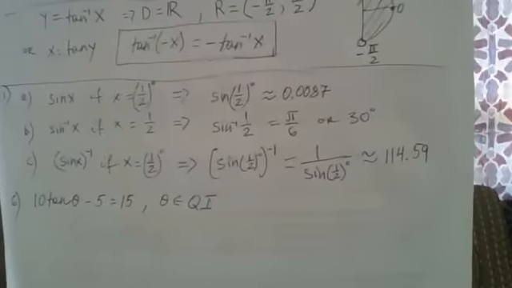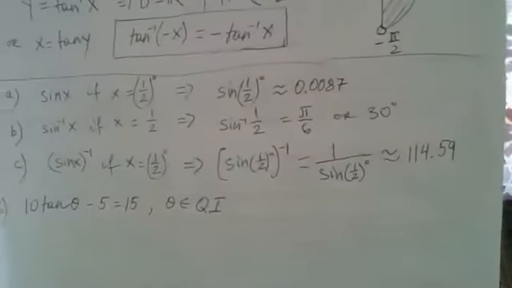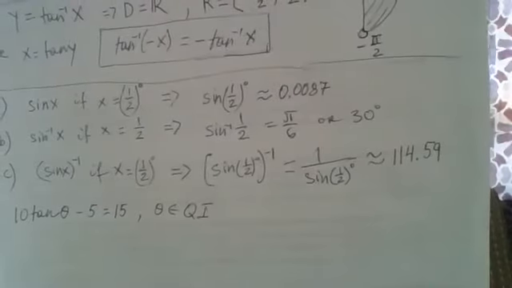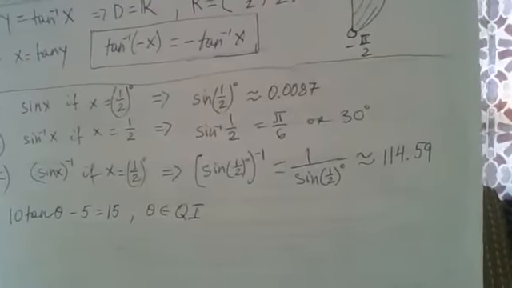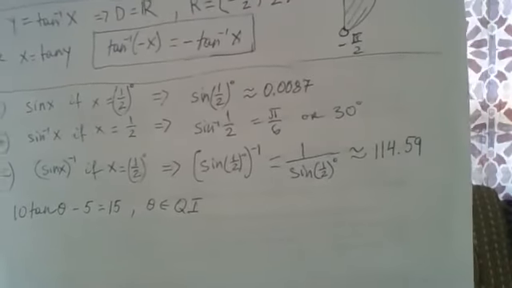Theta belongs to the first quadrant. 10 tangent theta minus 5 equals 15. Theta from the first quadrant.